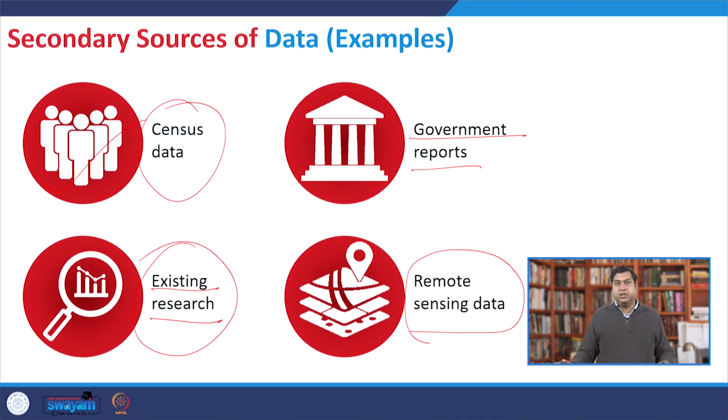You can refer to Google Earth, our own Bhuvan, or other websites where you have satellite images and can do certain kinds of analysis. So in all such cases we don't actually require the information to be collected through a primary survey.